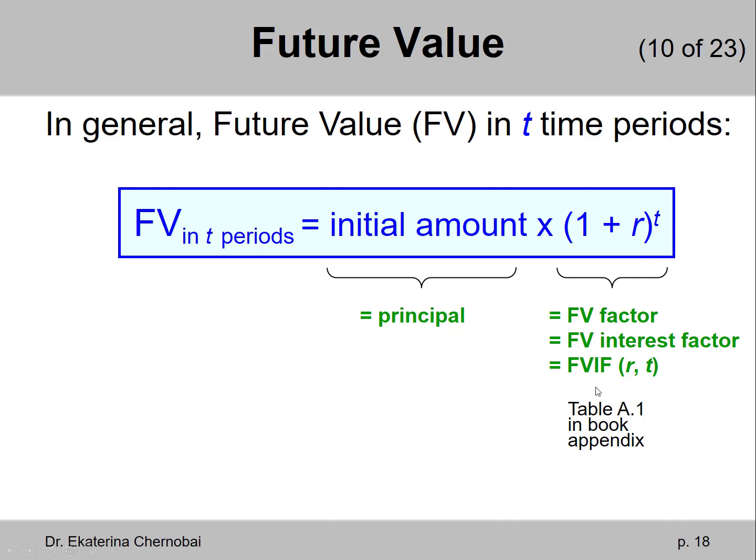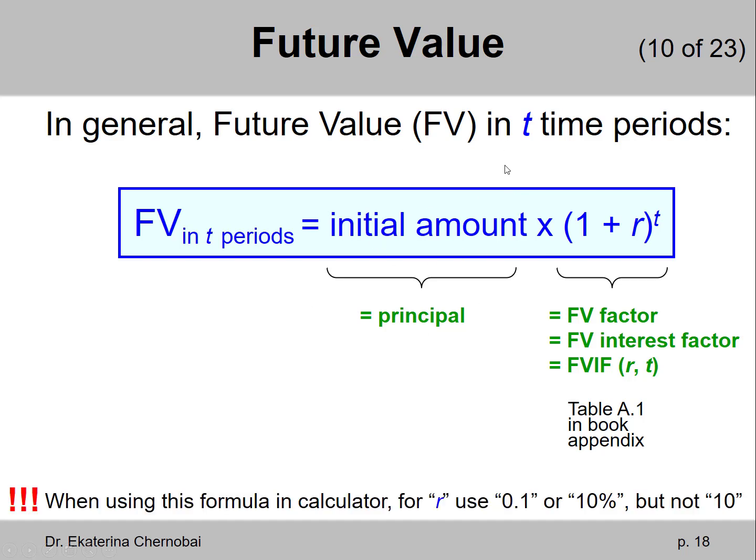And for this reason, I'm not even using these tables in class, but just so you know, they're there at the end of the book if you want to try. Instead, I will be showing you formulas and the financial calculator. So we are going to look at the financial calculator steps in a couple of minutes.